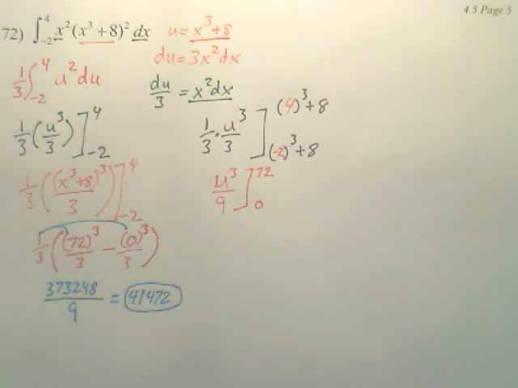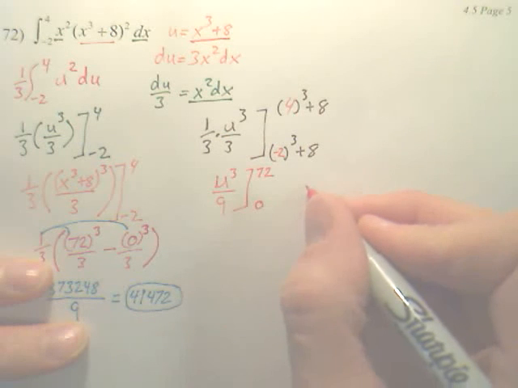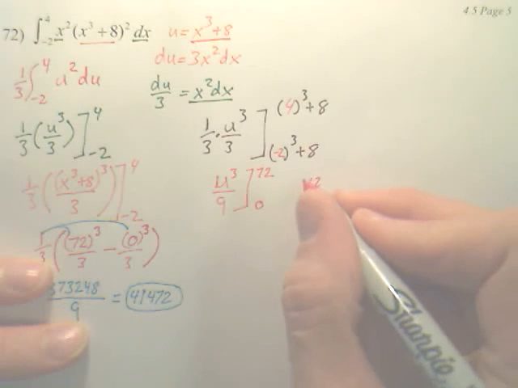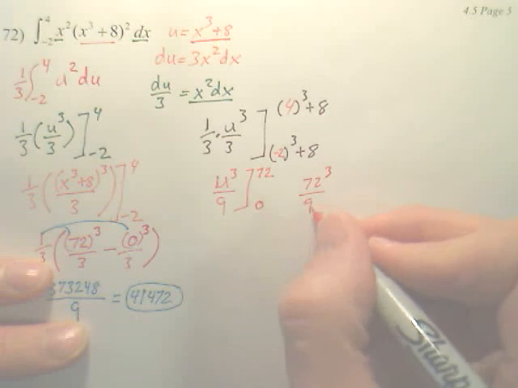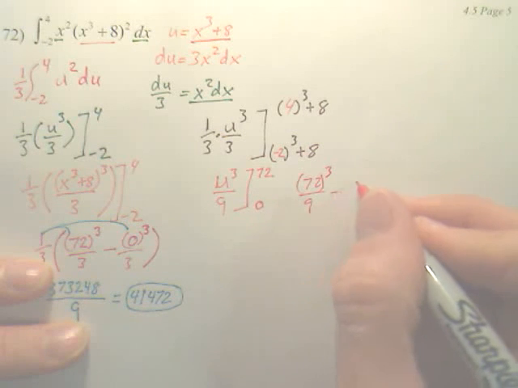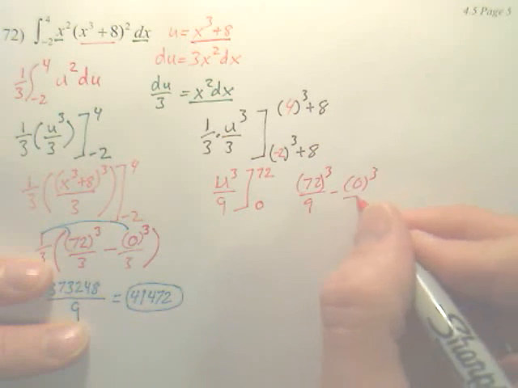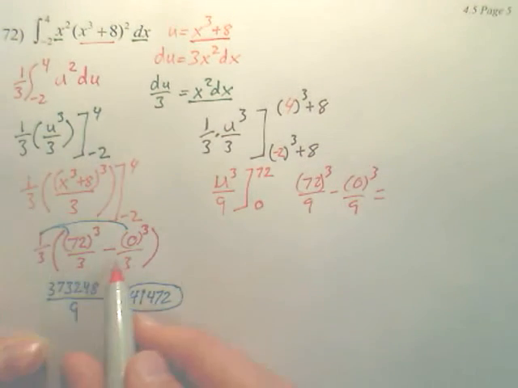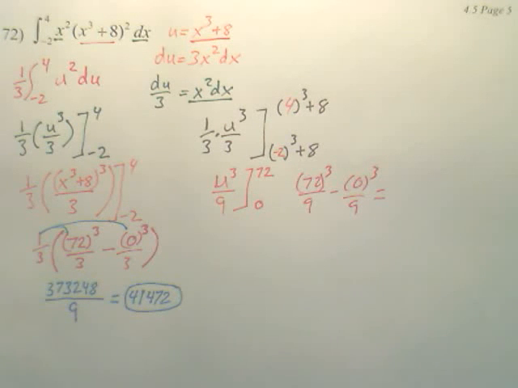Can you see how we'll get the same answer? Because when you plug it in, you're going to get 72 cubed over 9 minus 0 cubed over 9. Isn't that the same here? Same answer?